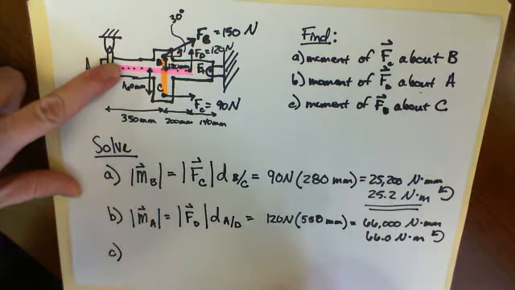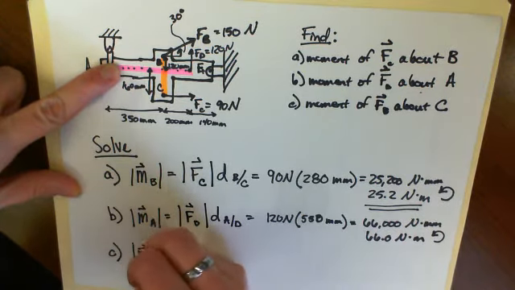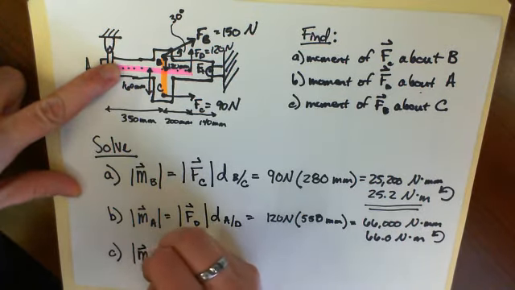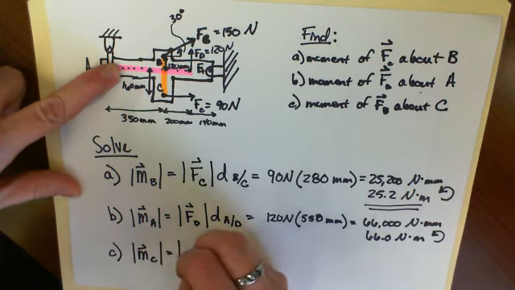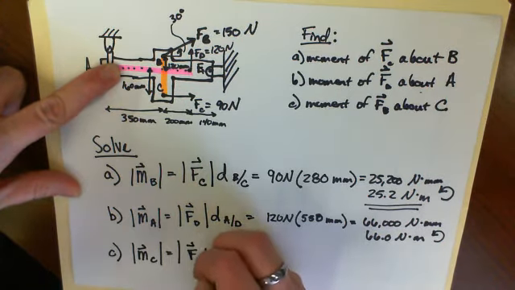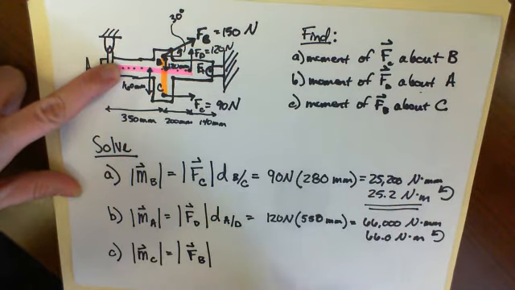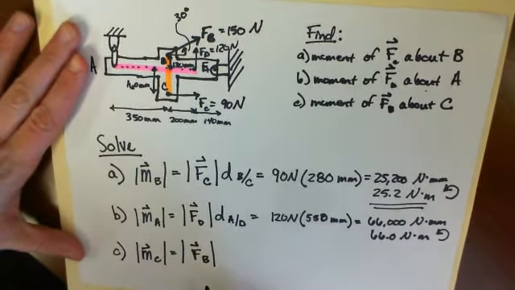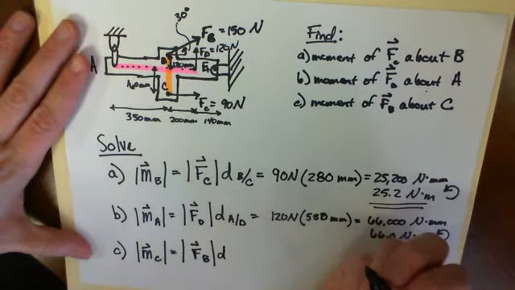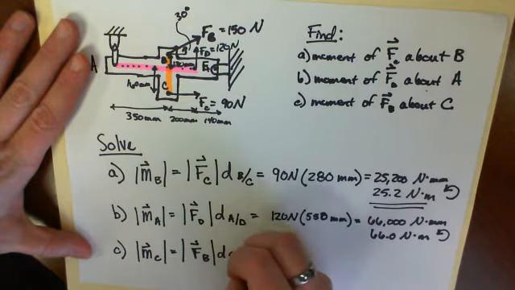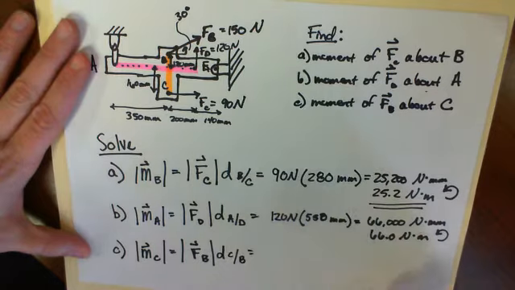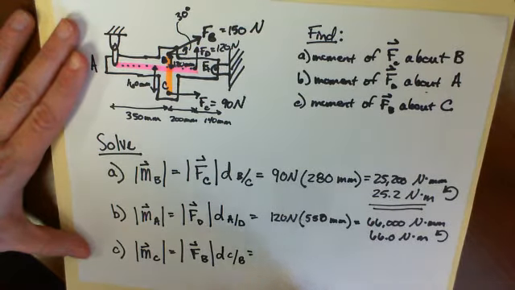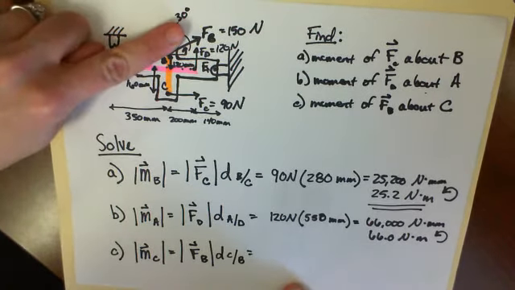Finally, we're looking at the moment about C caused by the load applied at B. So we multiply the magnitude of the force that will cause the rotation at B times the perpendicular distance between C and B. Now this one's a little bit trickier because FB is at an angle.